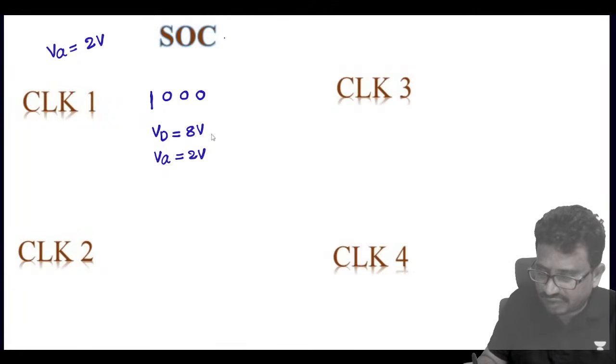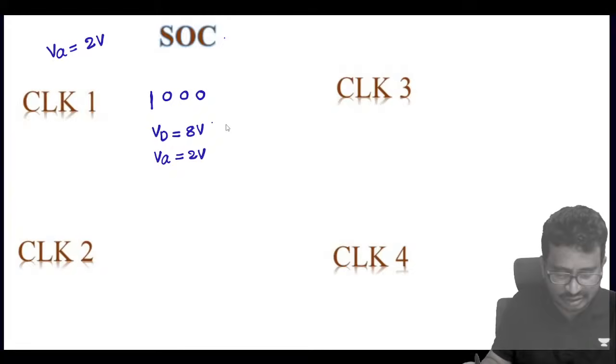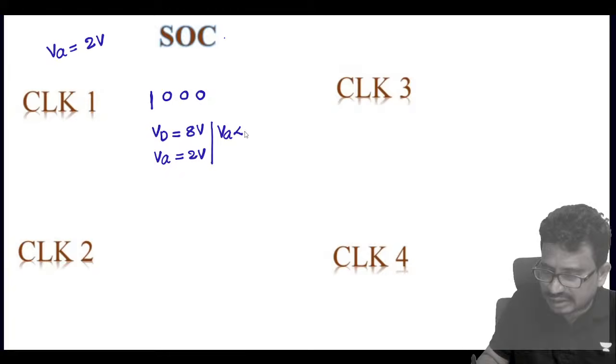So since VA is less than VD, the output becomes 0.